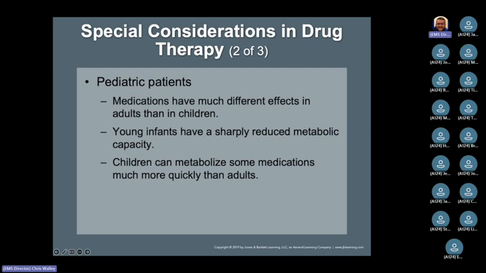So children can metabolize some medications much more quickly than adults, but they also may require relatively higher dosages and more frequent dosing. Some of the products of metabolism in children can vary from those seen in adults, which sometimes results in an unexpected response. Now, that is one of those where you're like, oh God, I didn't expect this to happen. Well, that's that one particular incident where that patient has something different.